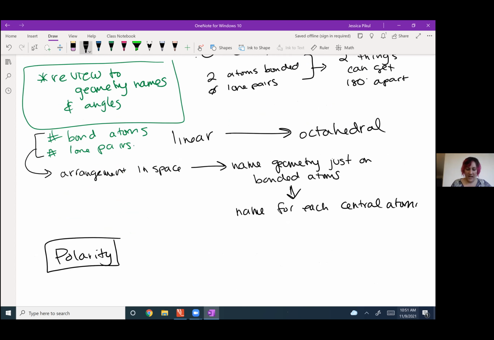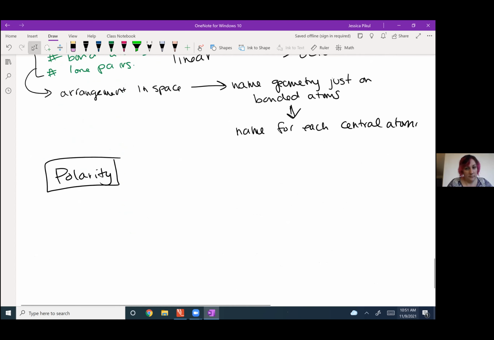Once we have our 3D shape, you should draw it with wedges and dashes, so we can represent something in space. So let's say we have a carbon and it's bonded to a hydrogen and a hydrogen.